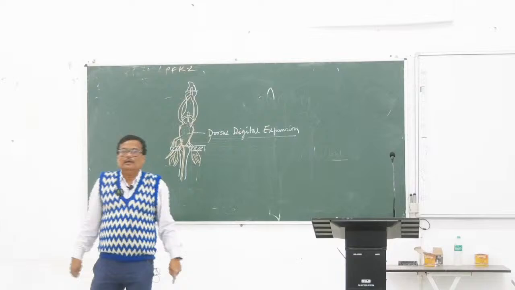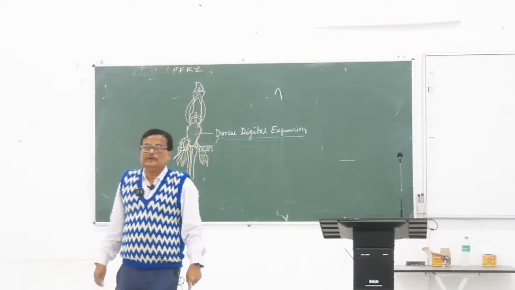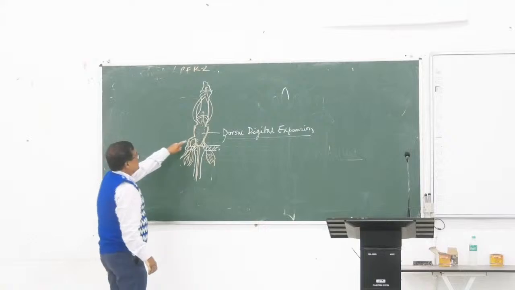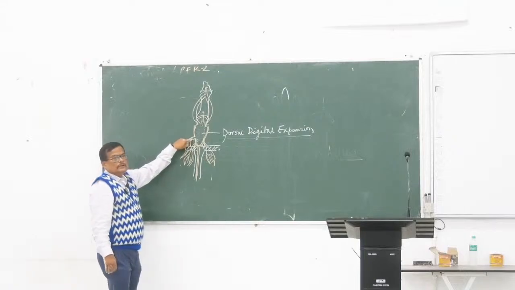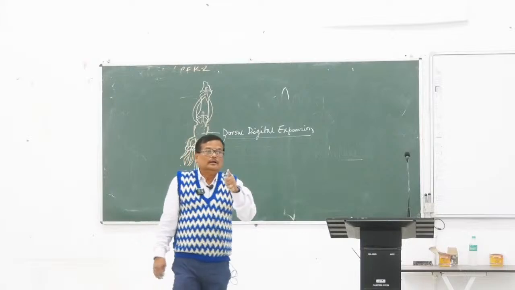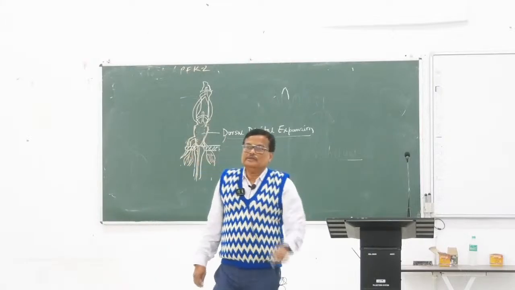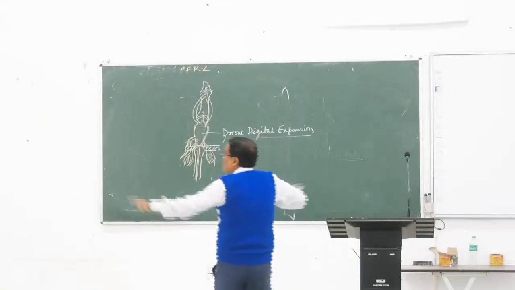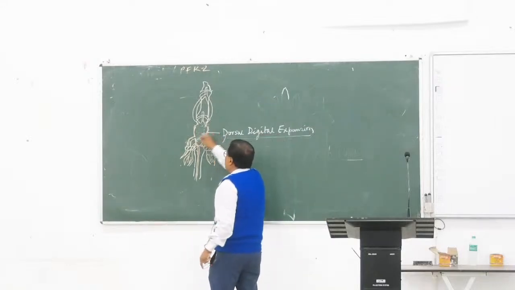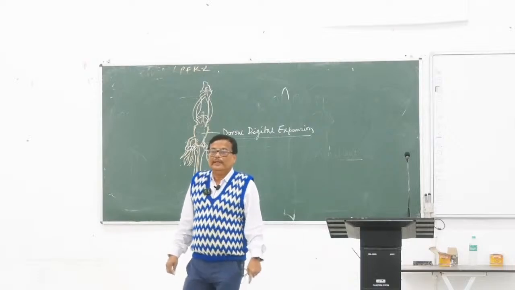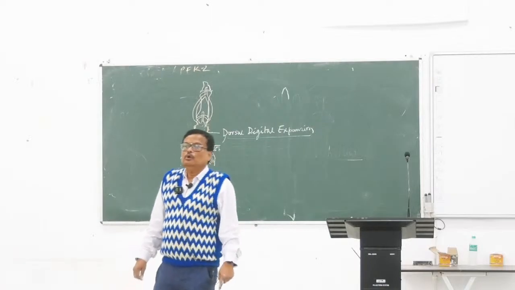Proximally the palmar and dorsal interossei are inserted, and distally the lumbricals. So the lumbricals and interossei insert into the dorsal digital expansion. Because they look like wings, they are called wing tendons.